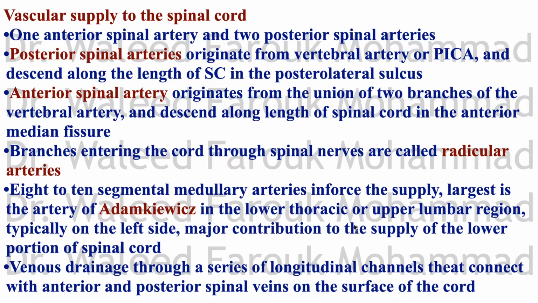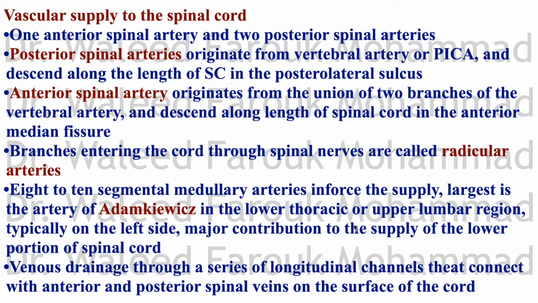Now 8 to 10 segmental medullary arteries reinforce the supply of the spinal cord. Largest of these arteries is the artery of Adamkiewicz. It's in the lower thoracic and upper lumbar region, typically on the left side, and it has a major contribution to the supply of the lower portion of the spinal cord.